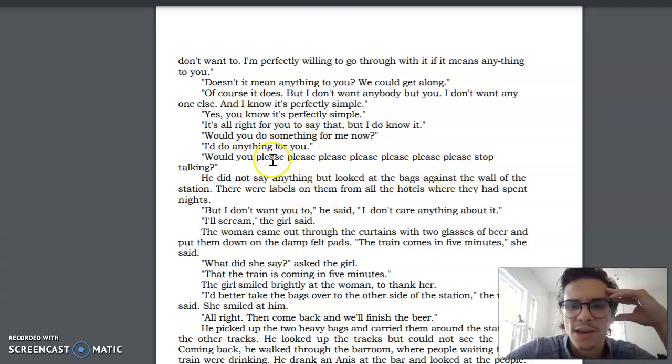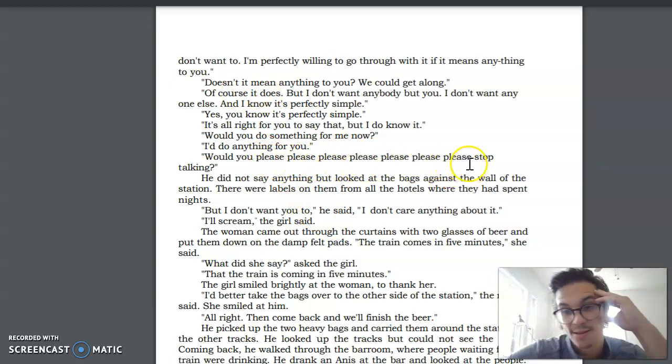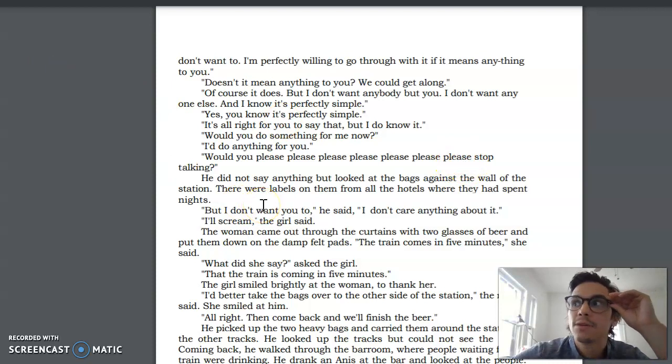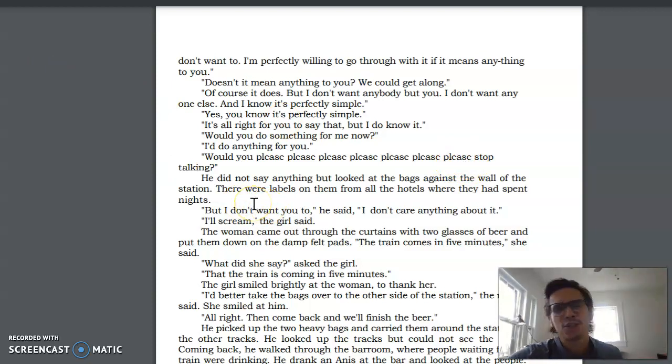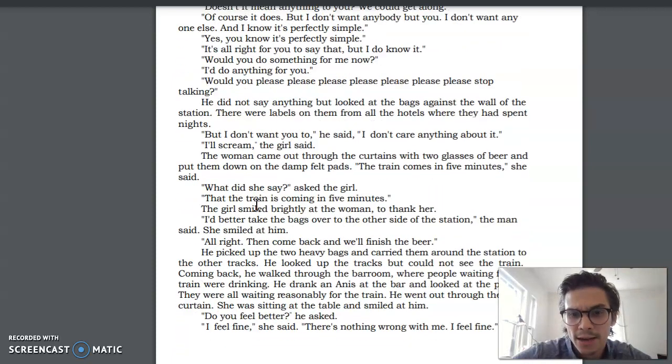Look at the repetition of please. We have 1, 2, 3, 4, 5, 6, 7. Okay. The repetition of please stop talking just shows you how much their relationship is at a breaking point because of this abortion. All right.